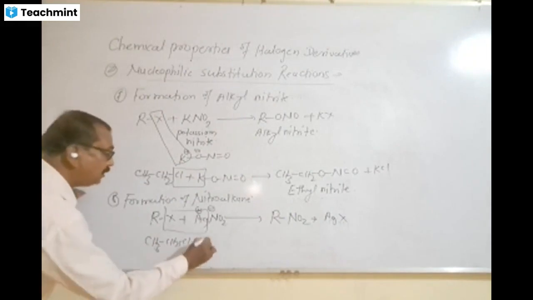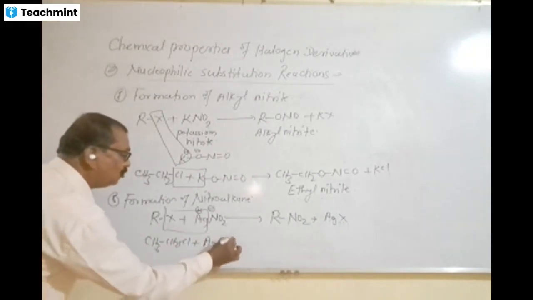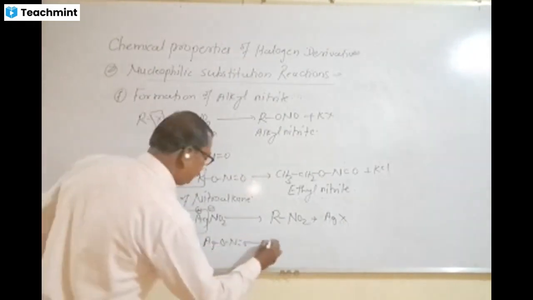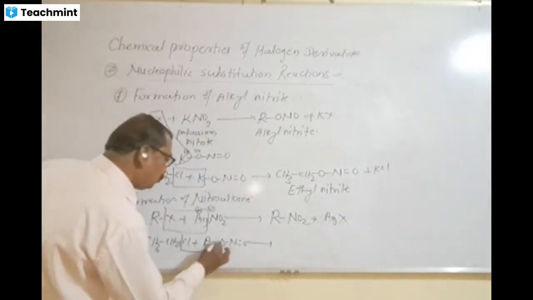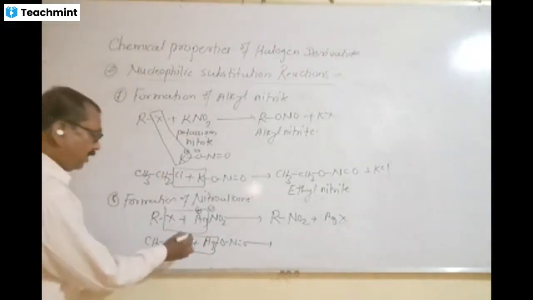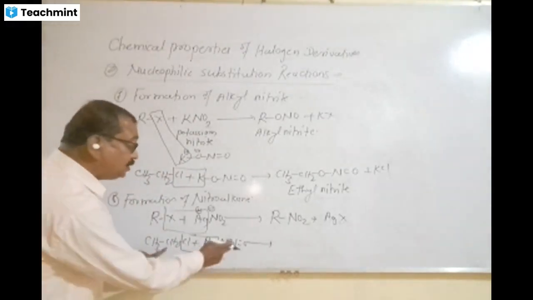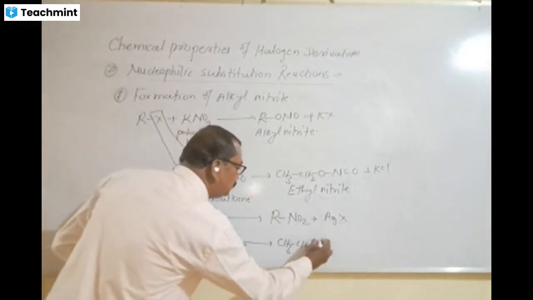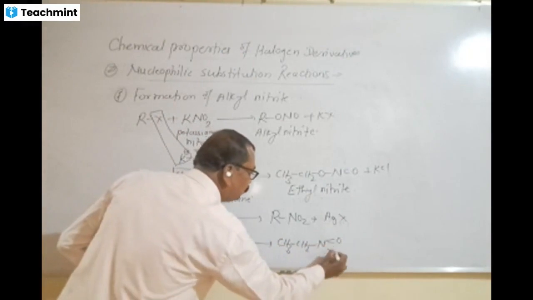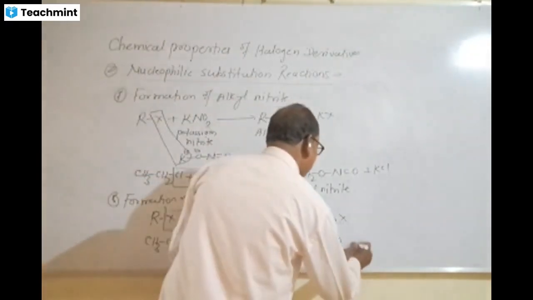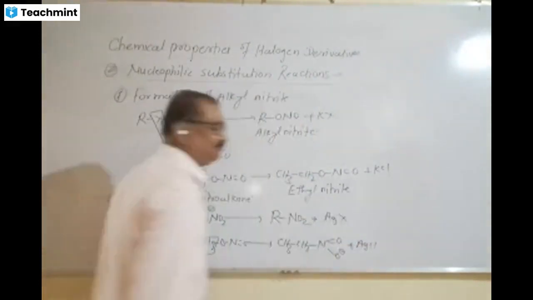For example, when CH3CH2Cl is treated with Ag-O-N double bond O, then silver and chlorine form silver chloride. And here the bond is formed between carbon and this nitrogen atom to form CH3CH2-N double bond O with oxygen negatively charged, plus AgCl.